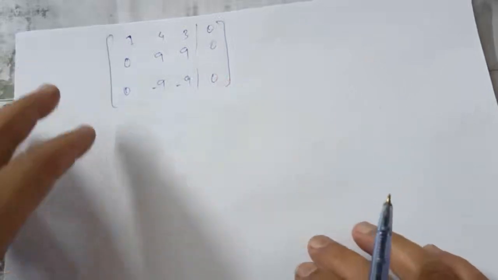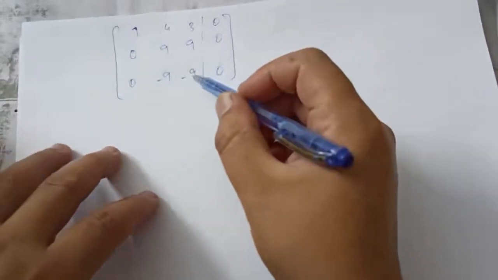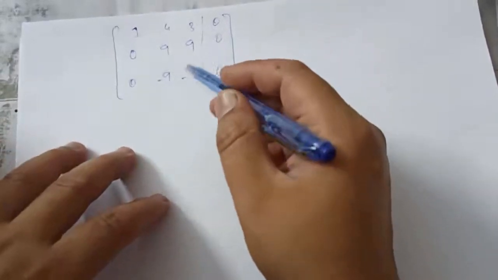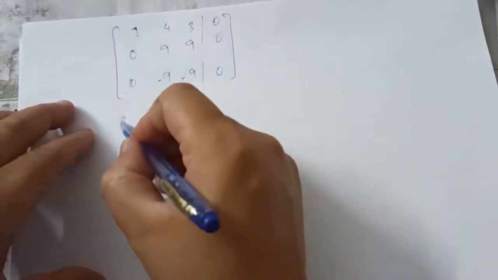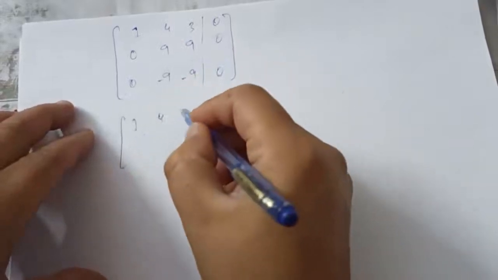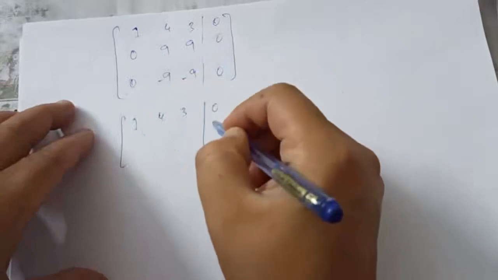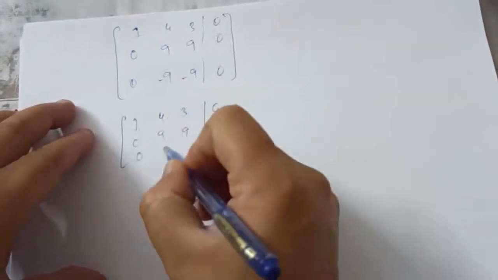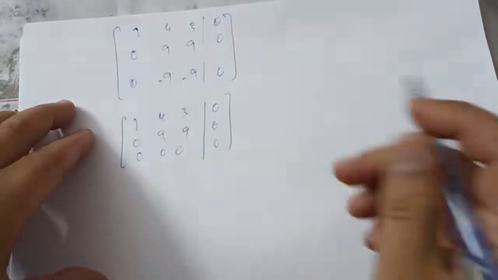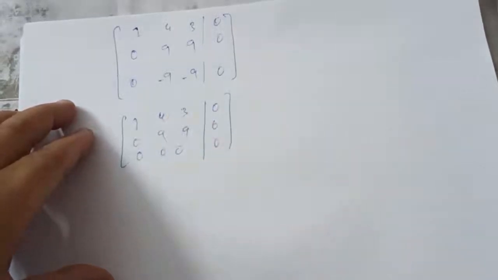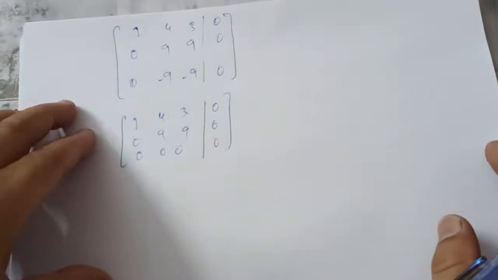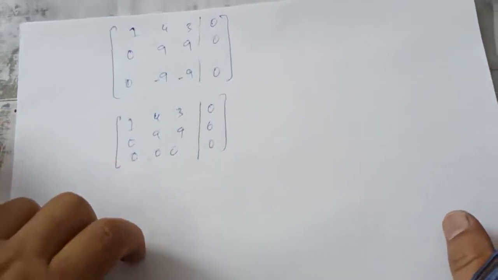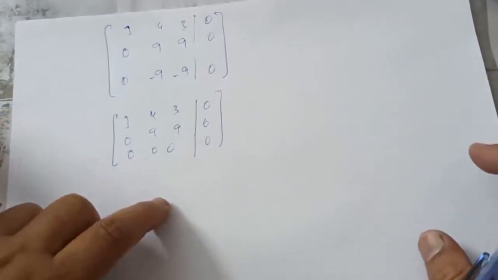So it means the second and third rows are the same, I can add them up here, and that leads me to 1 4 3 0 0 0 and 0 9 9 0 0 and 0, right? So now we can see that we can have x3 as a free variable.